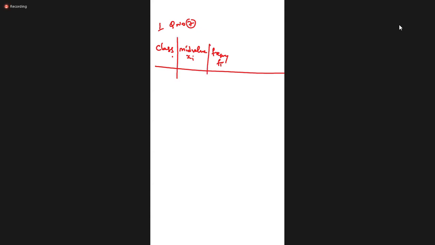The classes are 0 to 30, 30 to 60, 60 to 90, 90 to 120, 120 to 150, 150 to 180, 180 to 210.